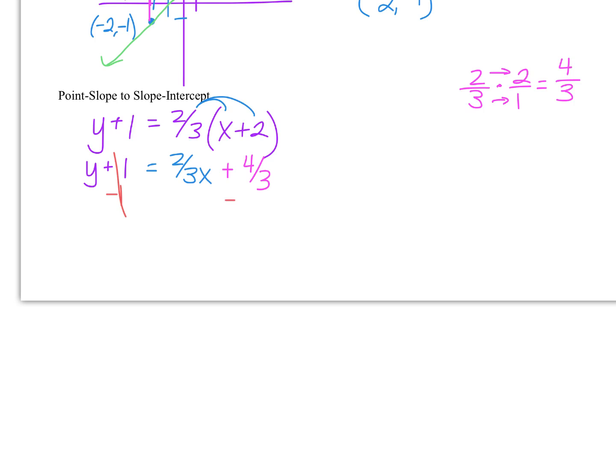Which of the two on the other side does the 1 minus from? Yeah, the 4/3. Okay. So here's where you could use a calculator if you want to, but I think you guys can do 4/3 minus 1. It'd be what? It'd be 1/3, exactly. Good. Because if you think of 4/3, that's 1 and 1/3.